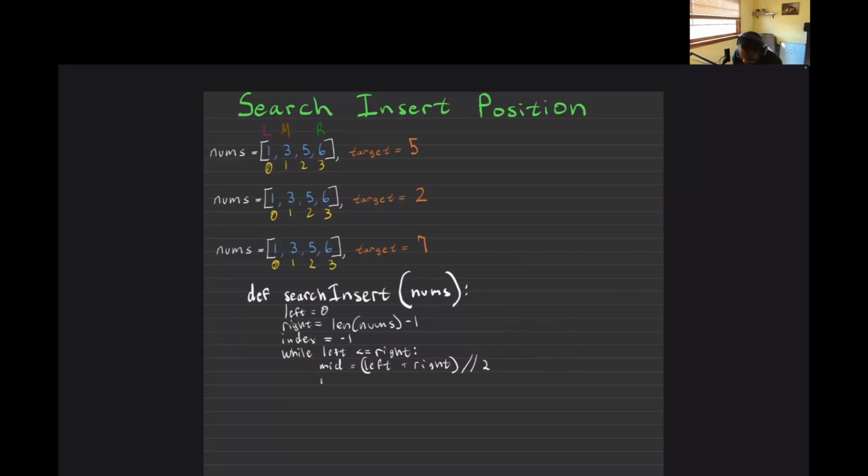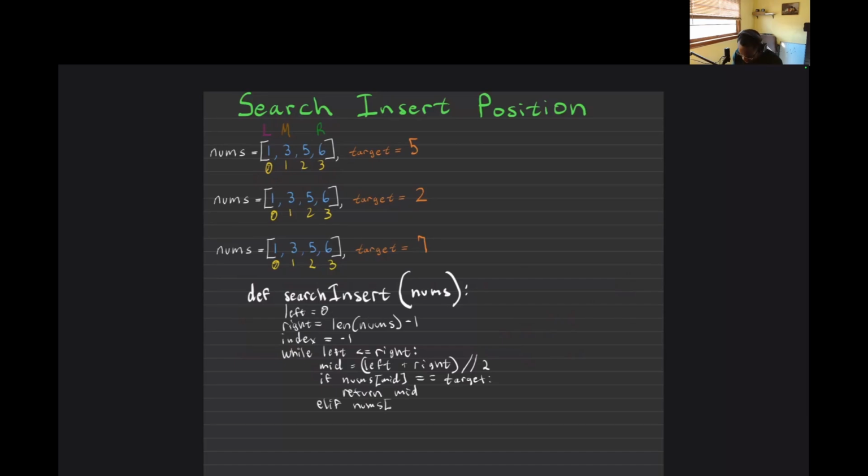And immediately we'll say if nums of mid, because remember mid's the index. So we have to use the index of mid in our nums array and check if it's equal to the target. Okay. And if it is, we'll just simply return the mid. All right.